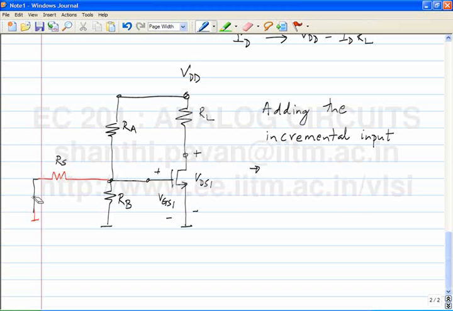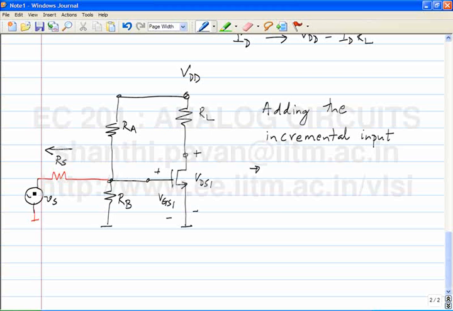Now, when you have a problem, the first job is to figure out why the problem is happening and then see what we can do to fix the problem. Isn't it? Why was the problem happening in the first place? If I hook this up like this, the reason the gate potential was changing was because DC current is flowing.